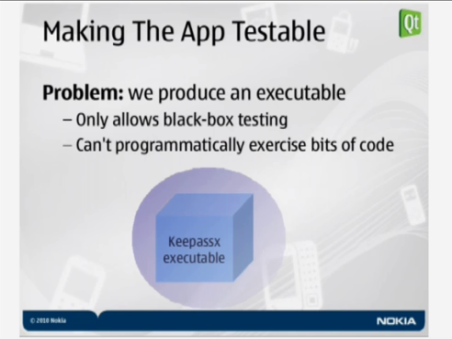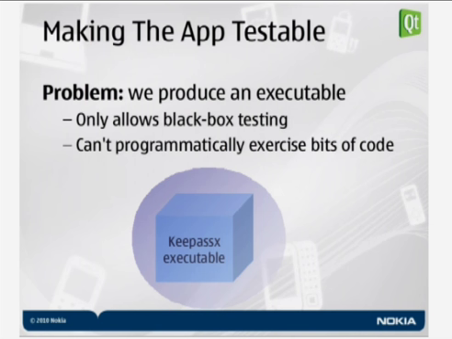Now, the first problem that we come across is that right now we are producing a single application binary for our app, and we can't really do anything with it other than launch it and click on things.